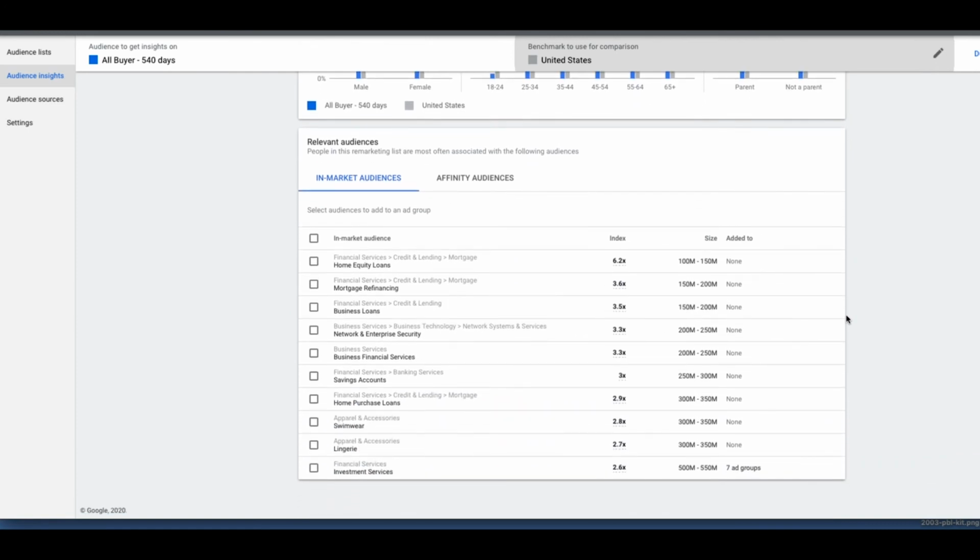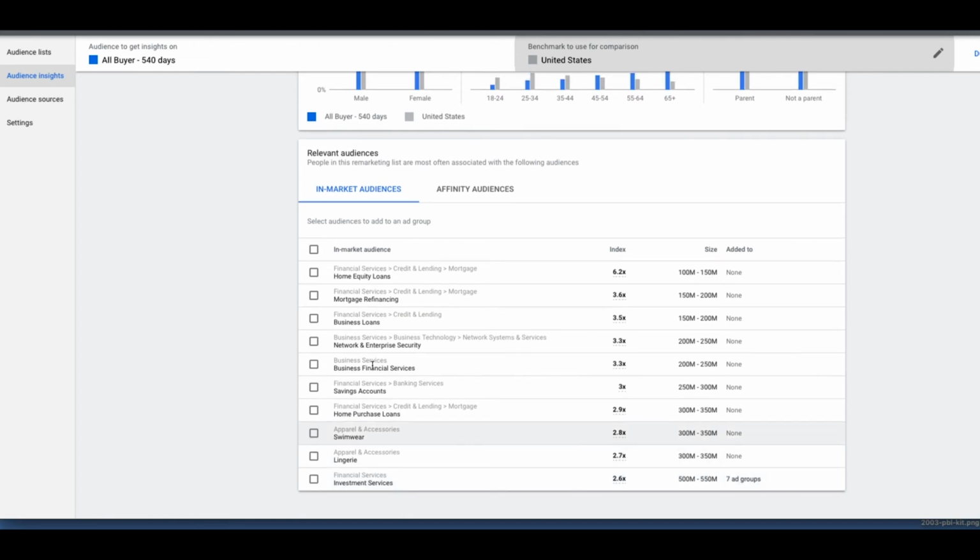But the ones that we know to target, like the obvious audiences for us, investment services, that audience just says what it is. And it's very obvious, right? Sometimes you will find things like this in Google, and it's a good place to start. But also look at this, they're in market for home equity loans.